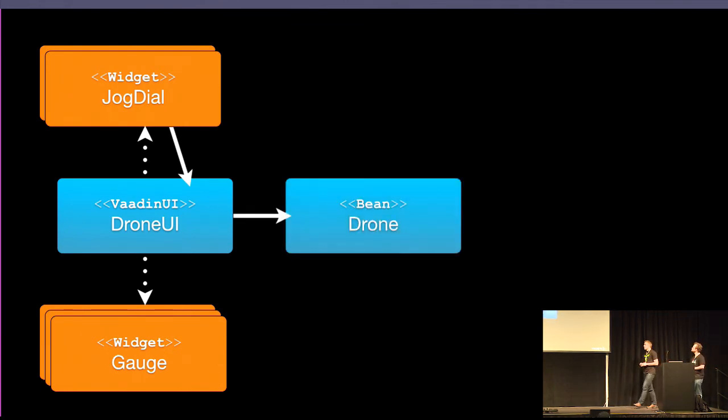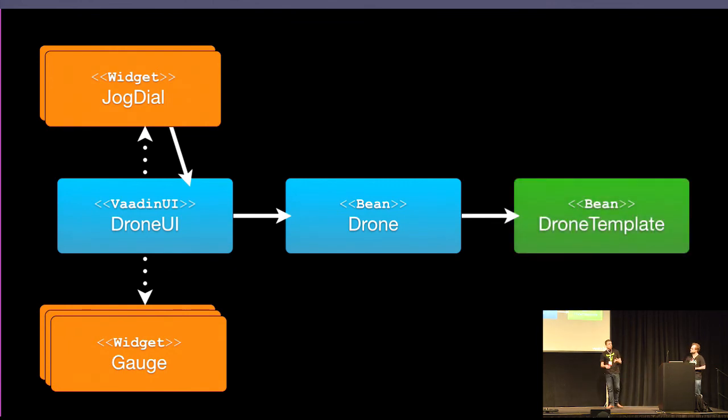We have the drone as a Spring Bean. This is mainly an item with properties for our Vaadin UI. So when we move our controls, the jog dials, we're effectively changing the properties of the drone item. It's a way of doing data binding with Vaadin. And the drone item will forward this information to another singleton Spring Bean, which is the drone template.